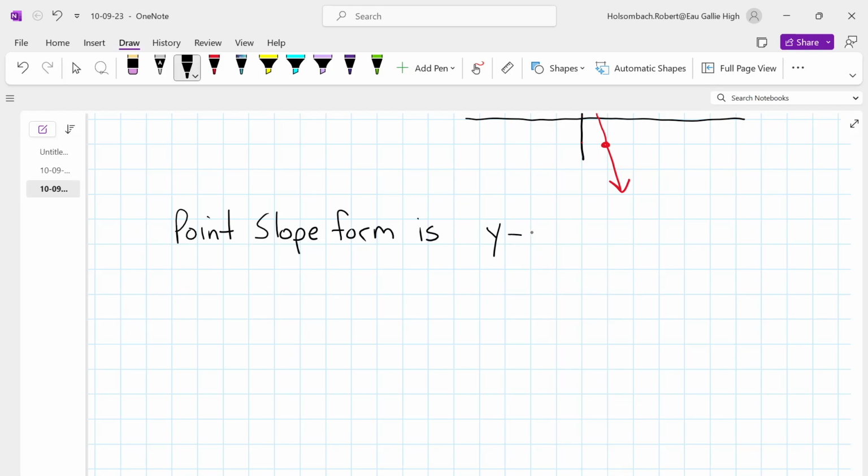So we write minus y sub 1 equal to m, which is our slope again, left parenthesis, letter x, and then the opposite of the x value at the point given. So we write minus x sub 1.